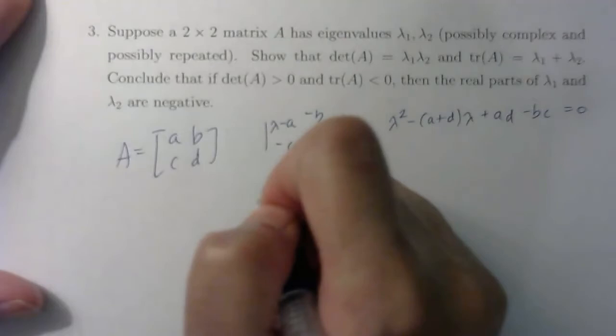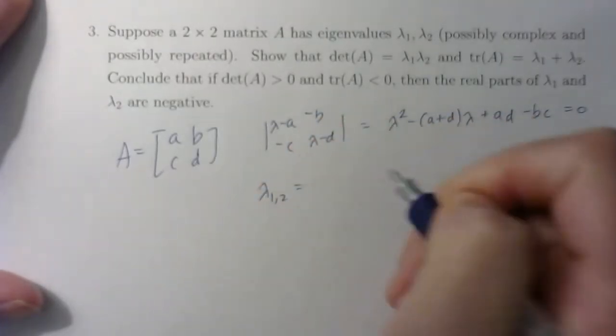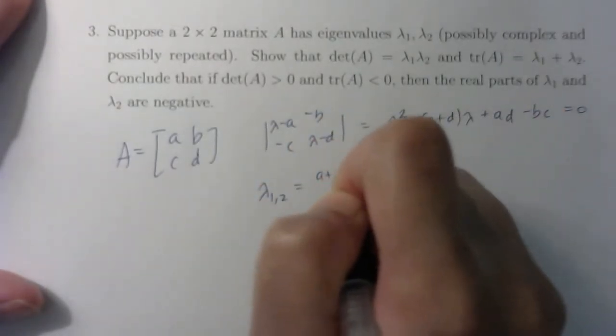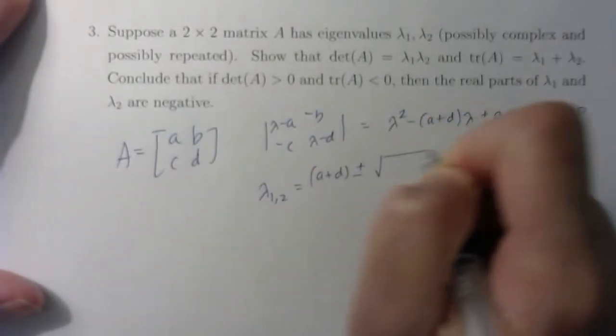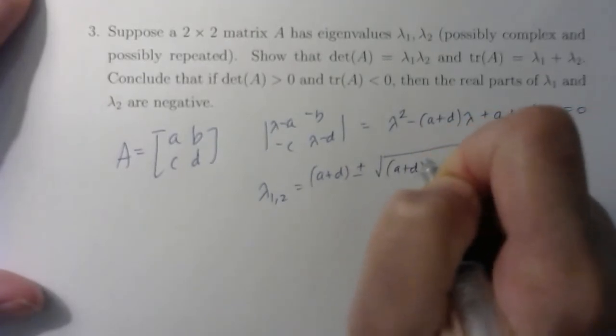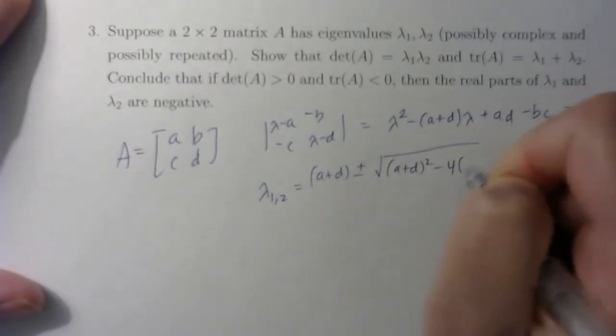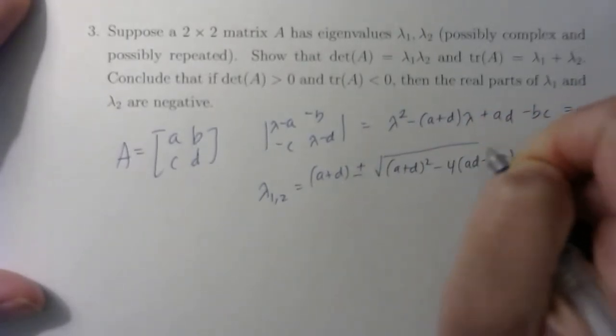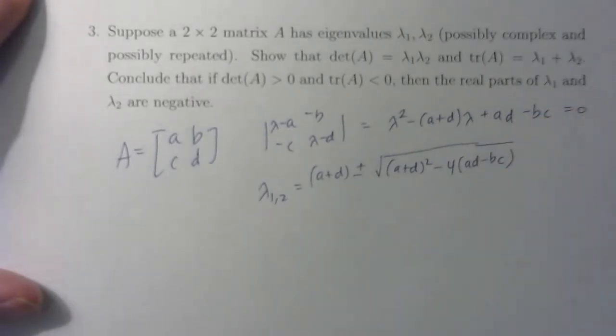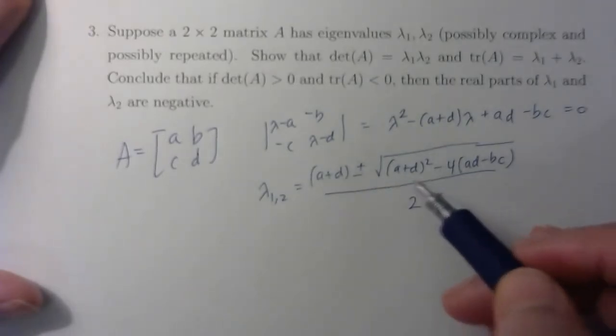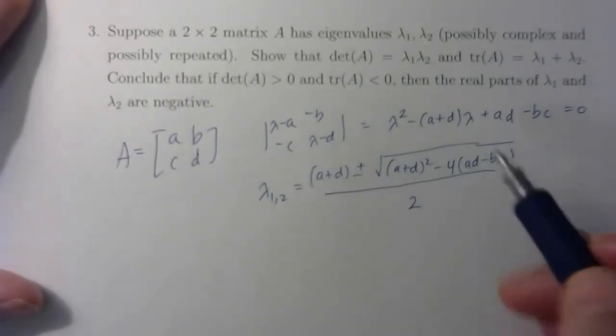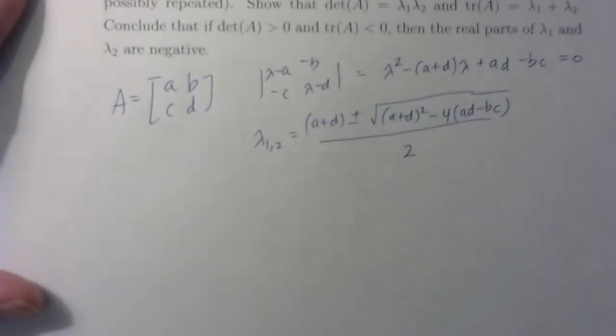So we have lambda 1 and 2, they're going to be negative b plus or minus the square root of b squared minus 4ac, all over 2a. That's just the form real stuff plus or minus some other stuff, which may be real or it may be imaginary.